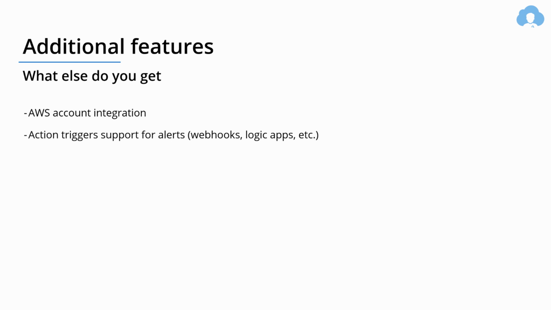As you've seen, you can trigger webhooks, logic apps, runbooks, etc. So you can do automation around billing costs of your subscriptions. And Azure Advisor service will also provide recommendations based on cost management data. For instance, it will recommend you to scale down your virtual machine if it notices that the usage is small and you're overpaying for your virtual machines, which is another pretty cool feature of Azure Cost Management.